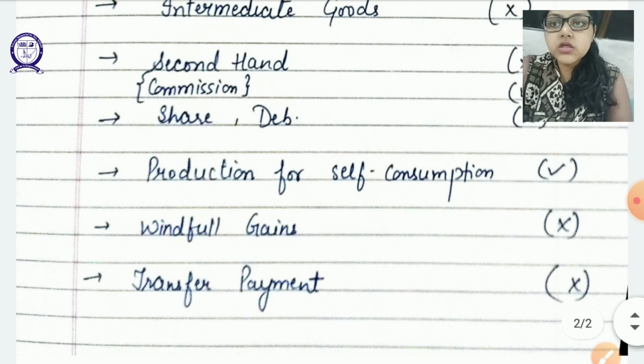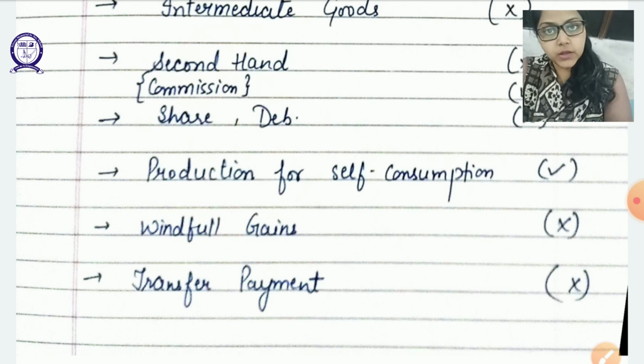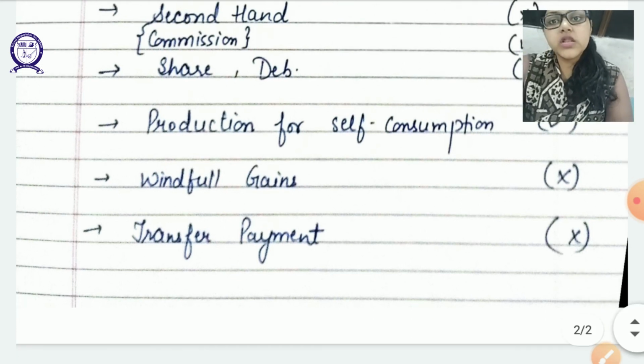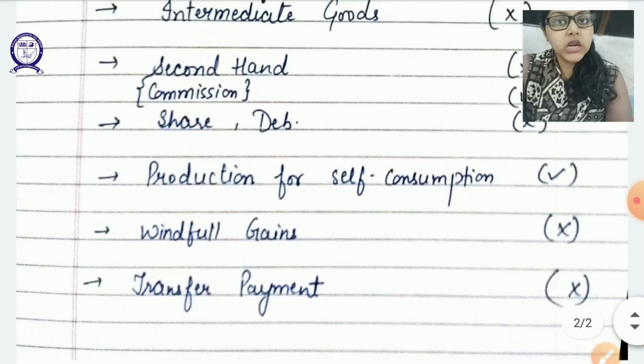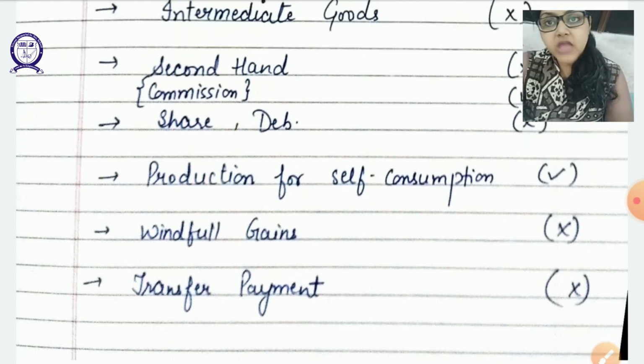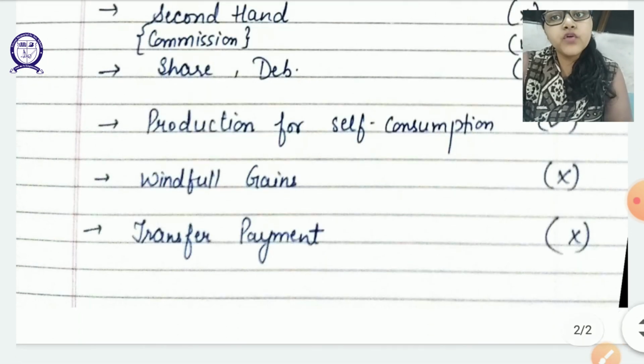Next one is if you are purchasing or selling shares, debentures or bonds, that also will not be included in your national income. Next one is production for self-consumption. Production for self-consumption will be included in your national income because that expenditure is on products, and products will be considered as national income. Next one is windfall gains.